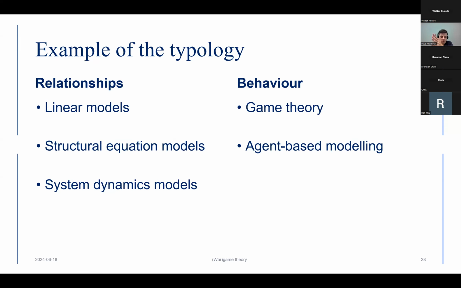So just to provide you an example of what I mean, relationship-based models and behavior-based models. In relationship-based models, for example, you could have a linear model which says, okay, increased employment level also increases the level of taxes that the government collects.